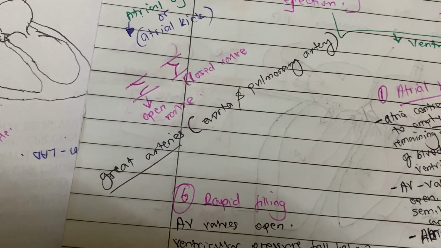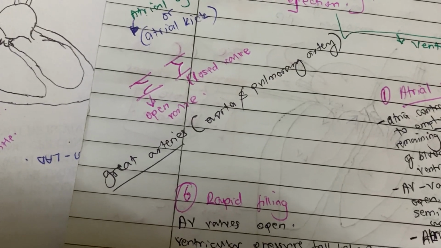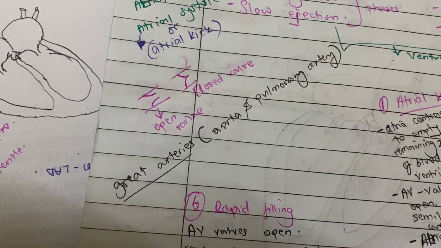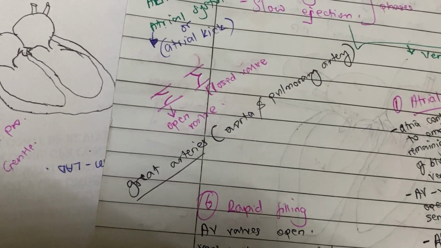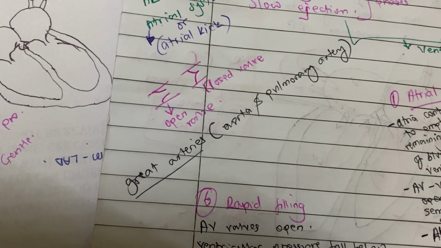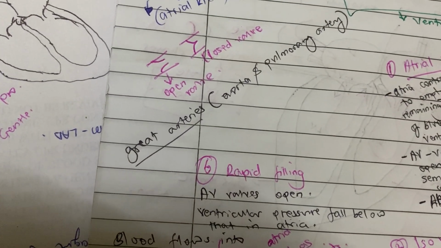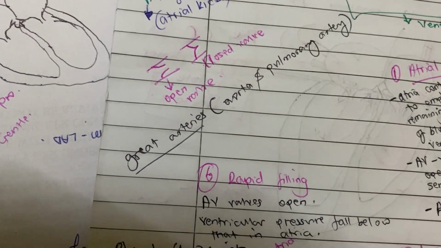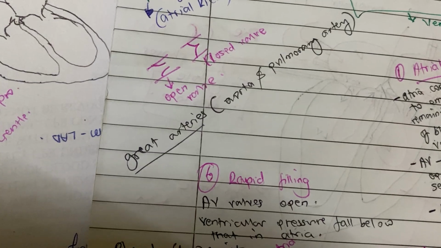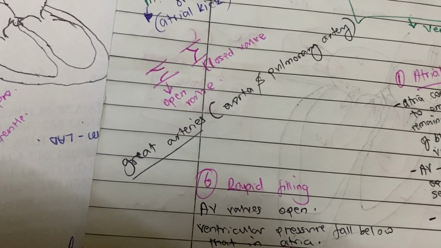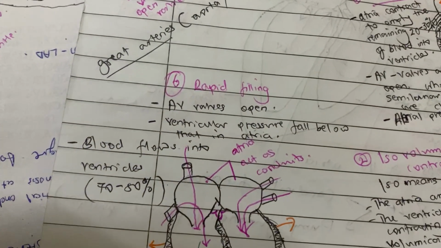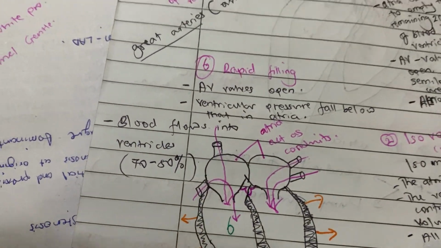What is the response? Mitral and tricuspid valves open. What is the next? Blood flows into ventricles. How much amount? That is 70 to 80% of blood enter the ventricles during the rapid feeding phase.